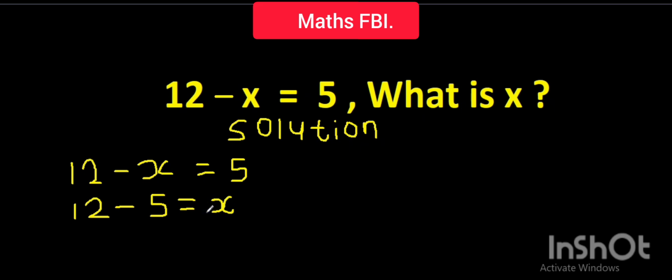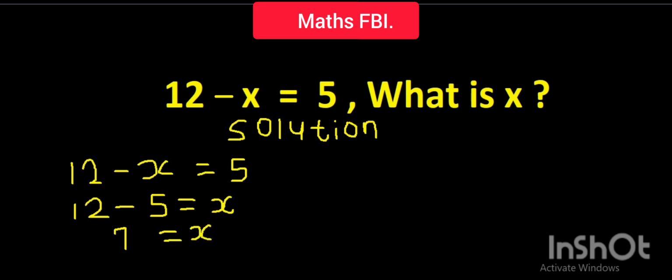So what we do now is simplify further. 12 minus 5 is 7, and then the equal sign, and then x.